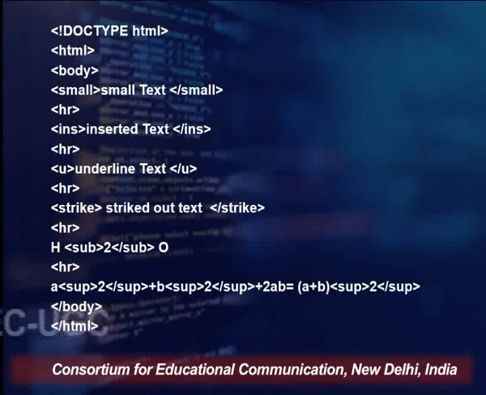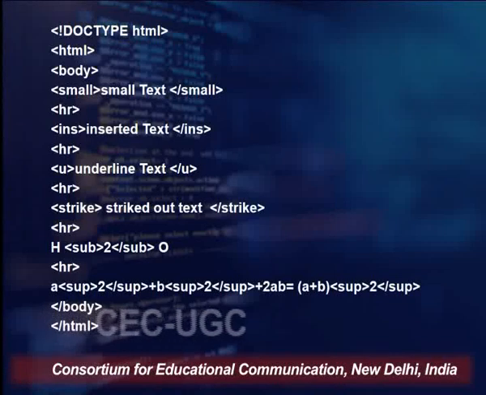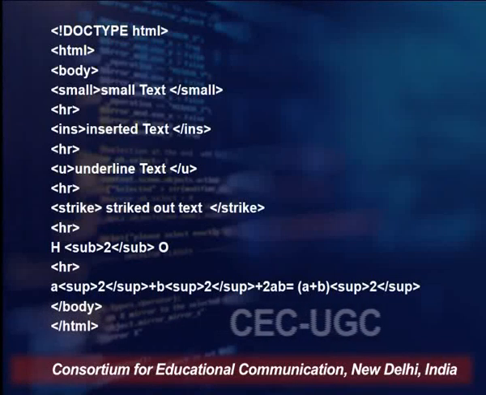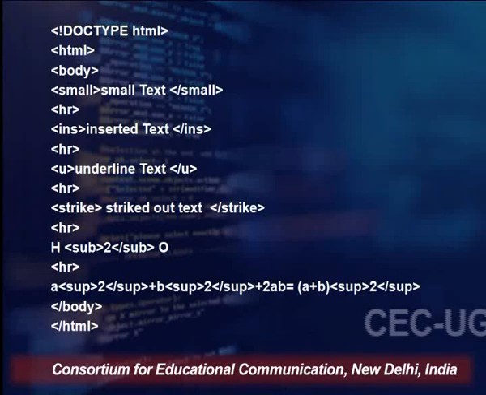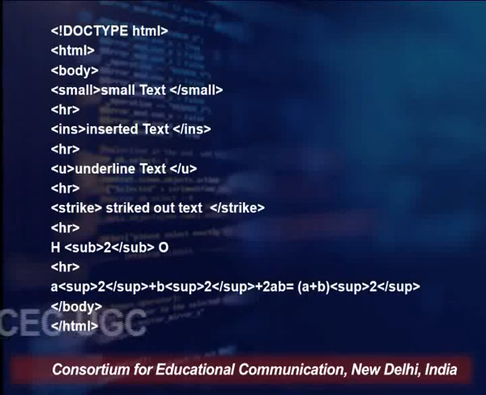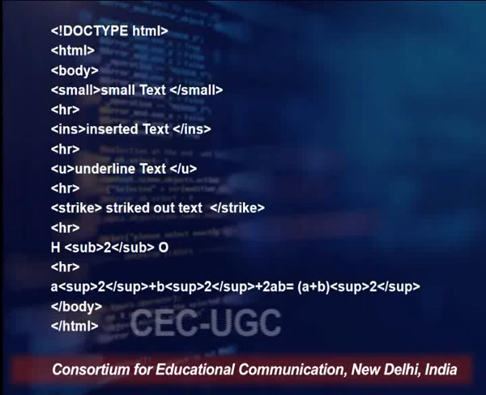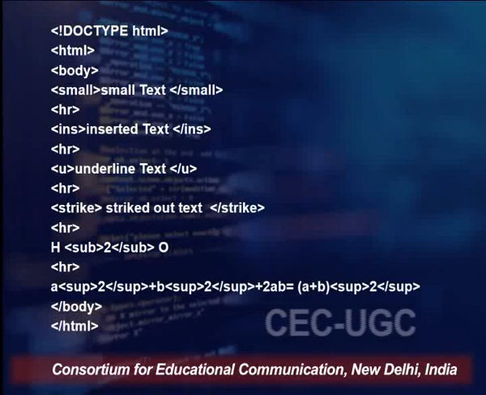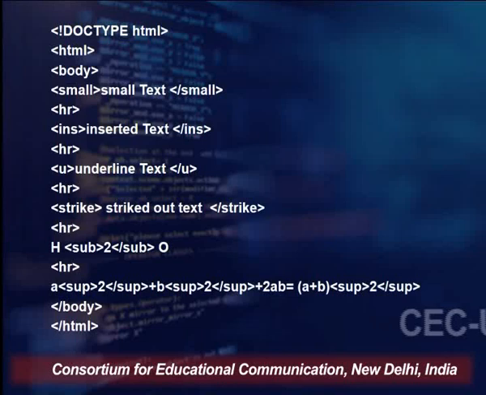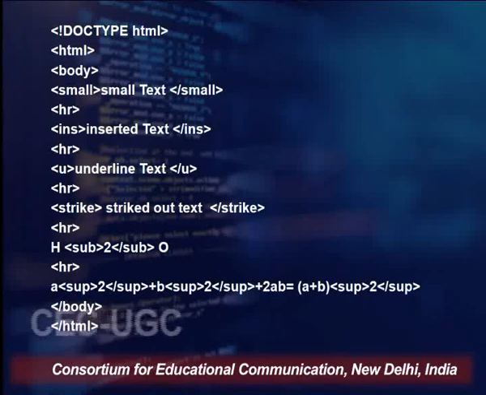We have not enclosed it inside any of the tags, is equal to a plus b within the brackets, and after the bracket we want to write 2 in superscript form. So we have written superscript 2 and superscript close.